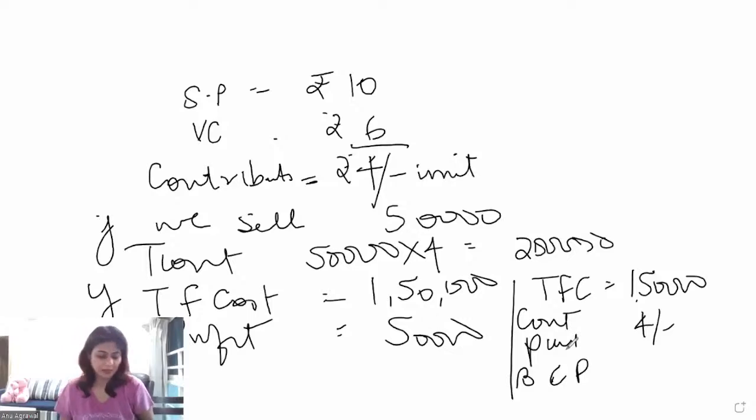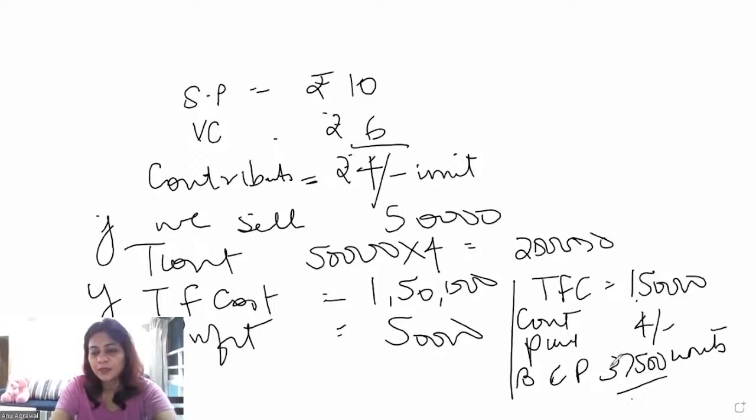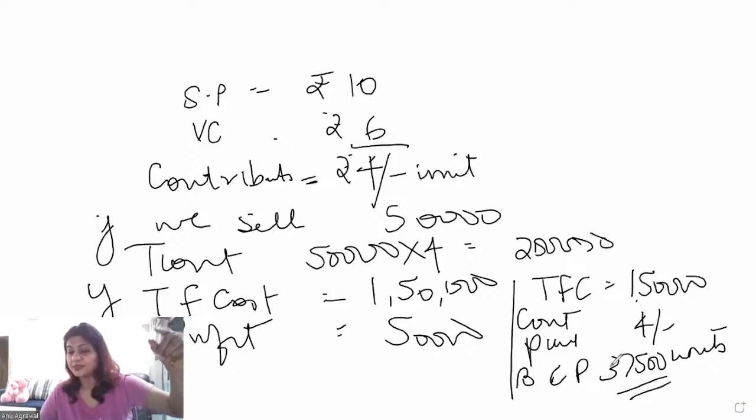What you could have done? 1,50,000 divided by 4, you know that at 37,500 units, if you produce, you will not get a single rupee profit, right? So you know that after 37,500 units, every unit that you're going to produce and sell is going to give you a profit or a contribution of rupees 4 per unit. And that contribution per unit after 37,500 units is going to be nothing but a profit.